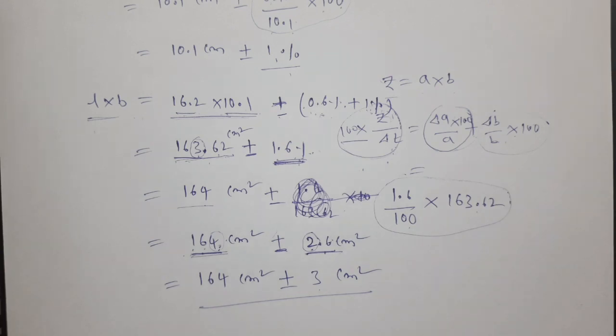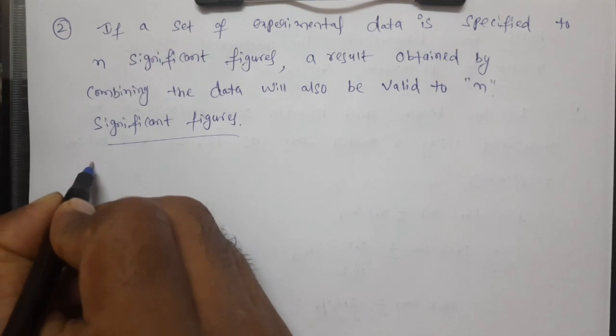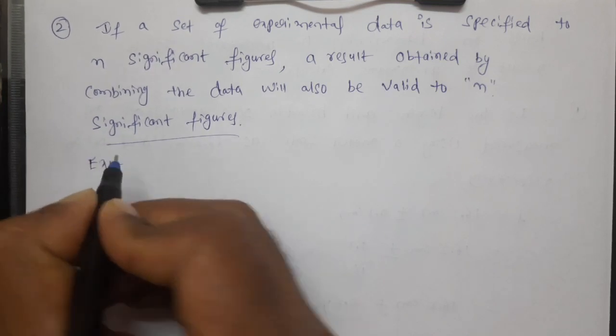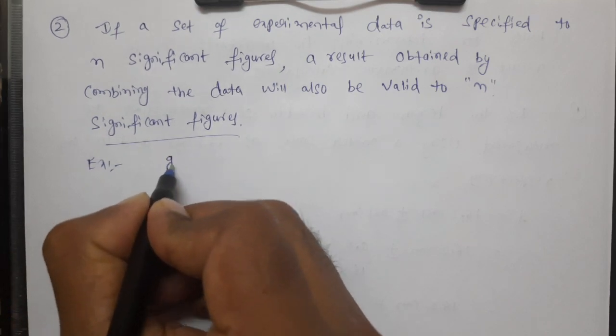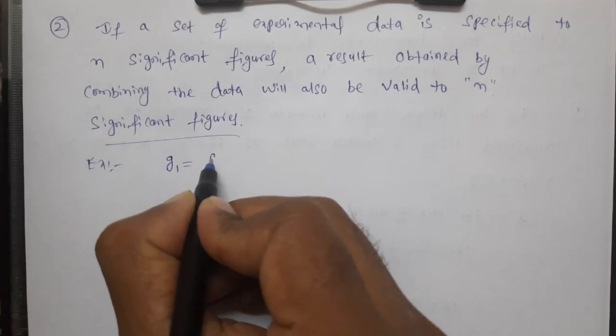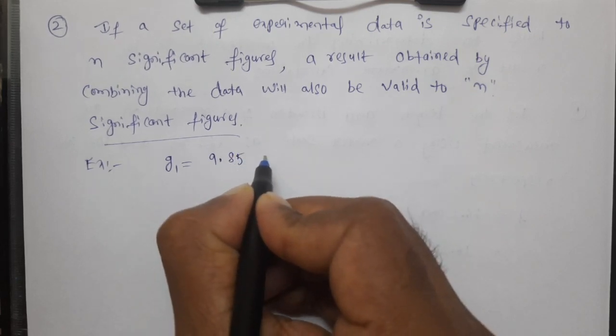The second rule: if a set of experimental data is specified to n significant figures, a result obtained by combining the data will also be valid to n significant figures. An example for this one: suppose we are measuring acceleration due to gravity. G1, the first time I am doing the experiment, I am getting 9.85 meter per second square.